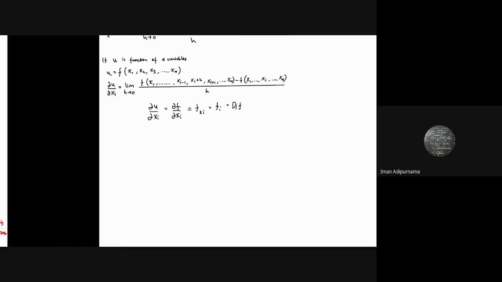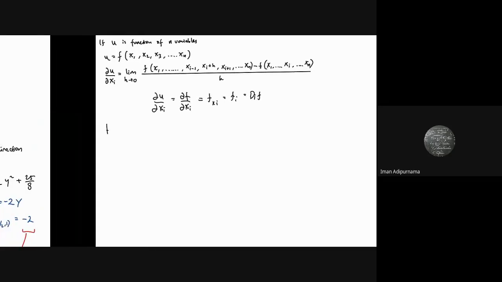Another thing is we call higher order partial derivatives.